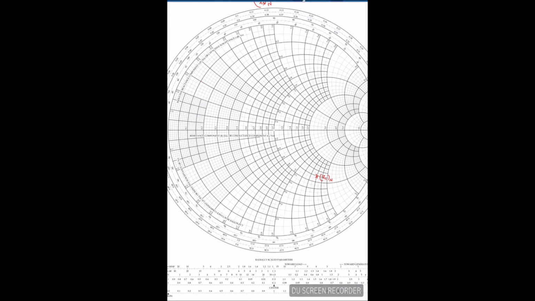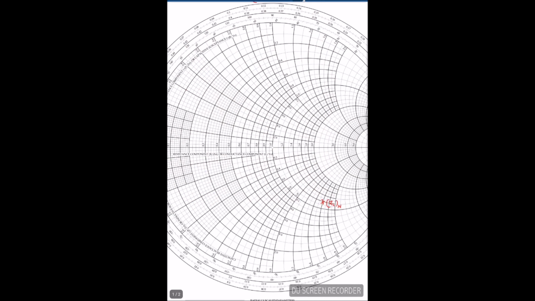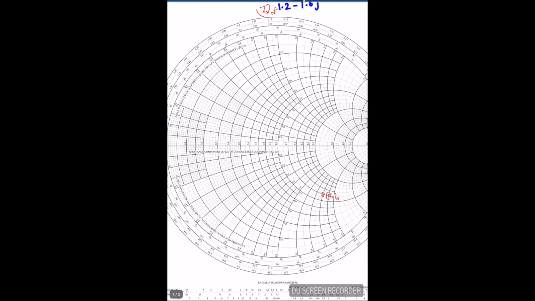So to get the value, I will put one straight line from the load to the right side, to the 180 degree point. Here you have to make sure you plot this line accurately. Since accuracy is important, I have to be a little more cautious to select that point exactly.